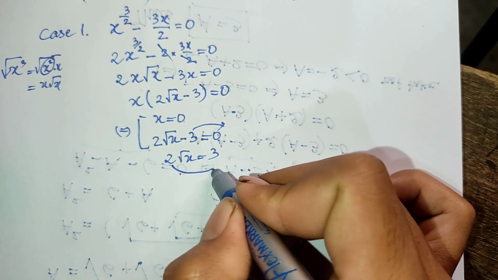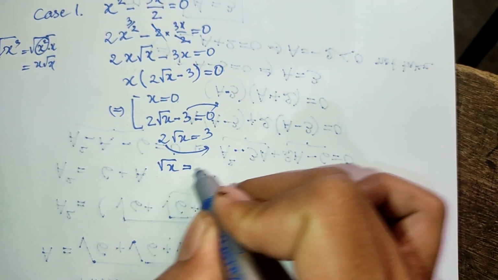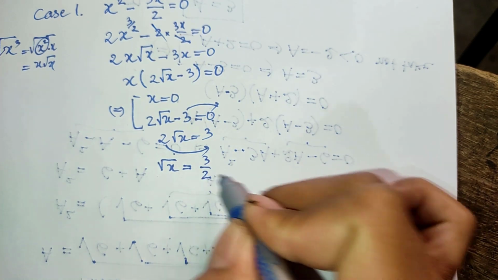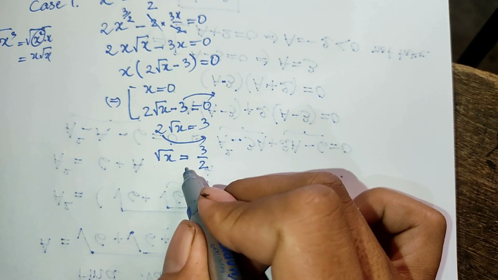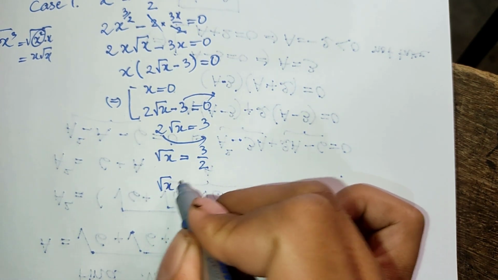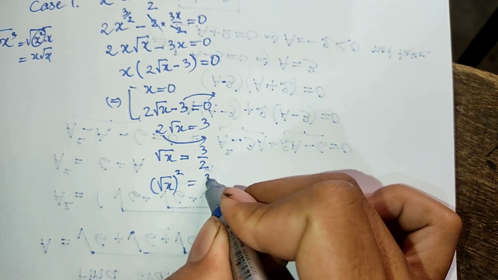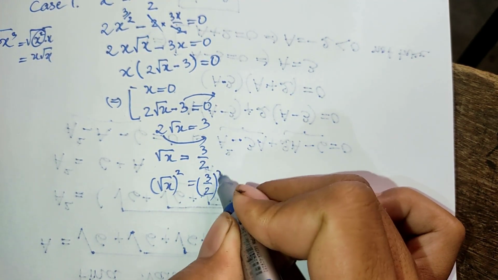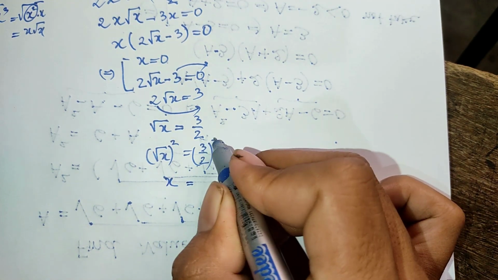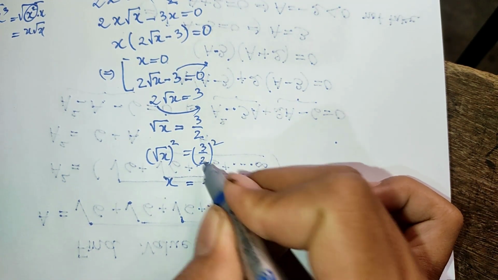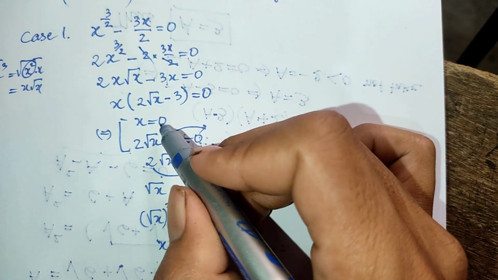And we take 2 to the right hand side, we get square root of h is equal to 3 divided by 2. And I raise both sides of this equation to squares, and we get square root of h squared is equal to 3 divided by 2 all squared. And we get h is equal to 3 squared, we get 9, divided by 2 squared, which is 4. And h is equal to 0.